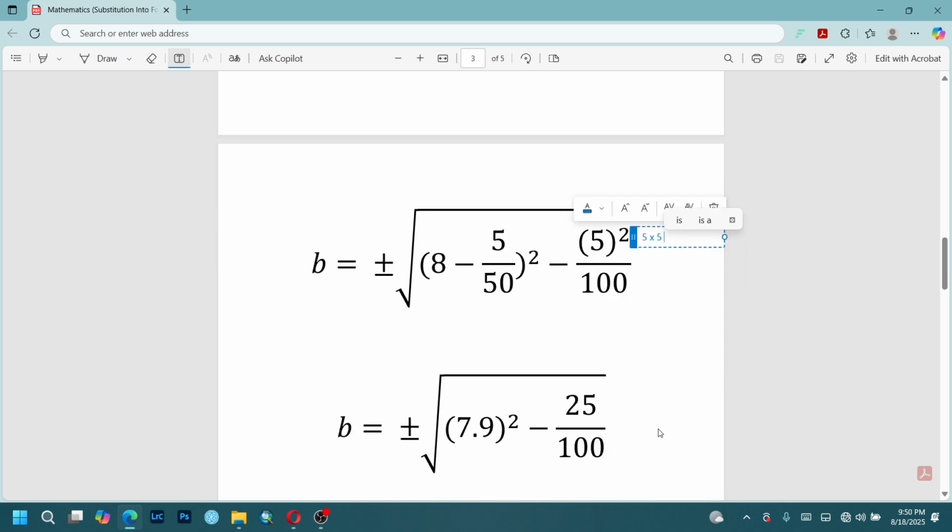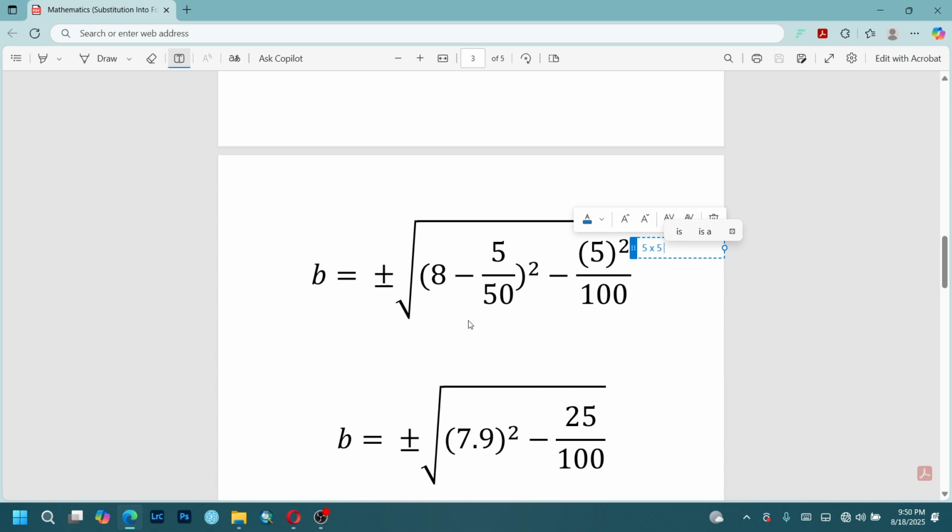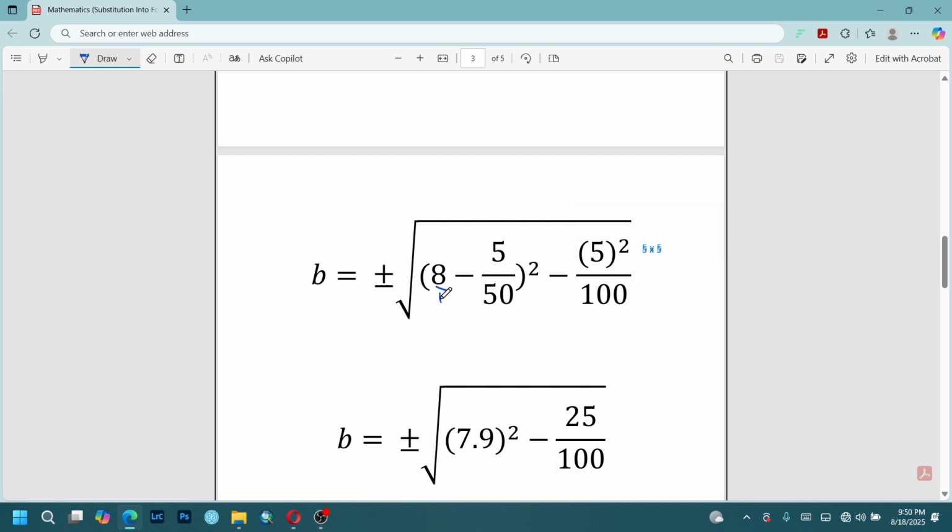And this 8 has an invisible 1. So we'll be having the equation within the bracket as 8 over 1 minus 5 over 50, which will give us 7.9.